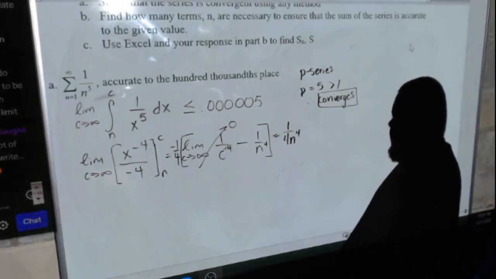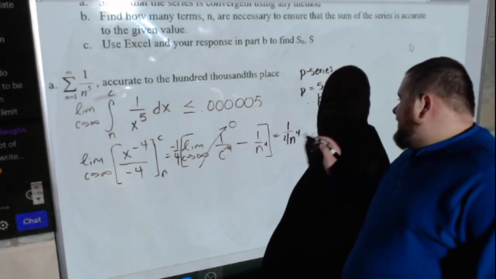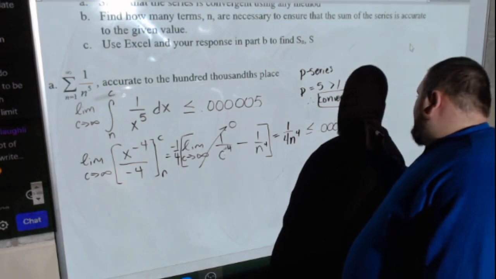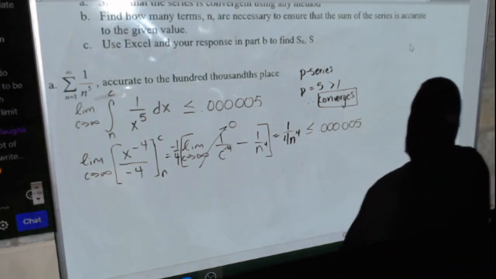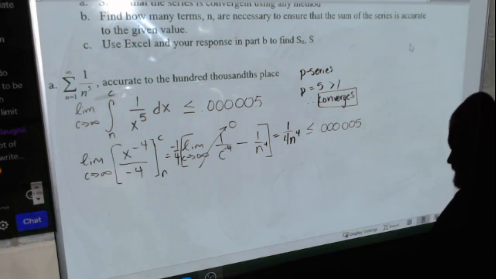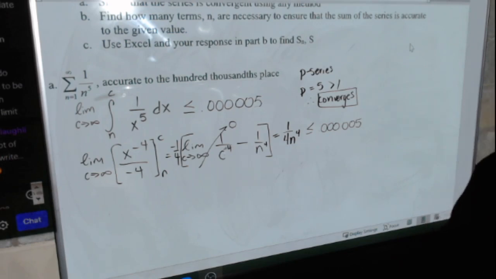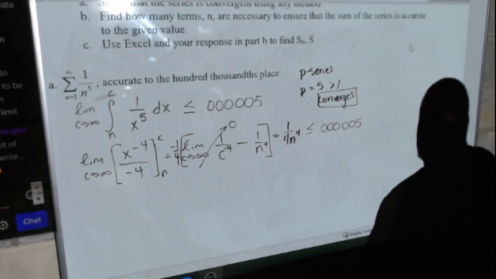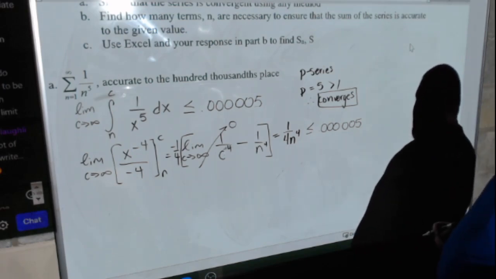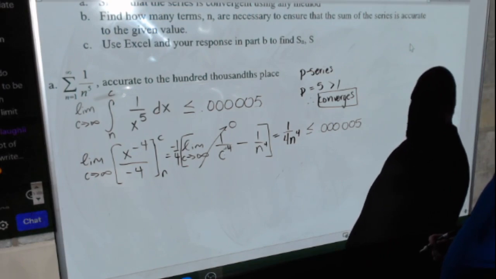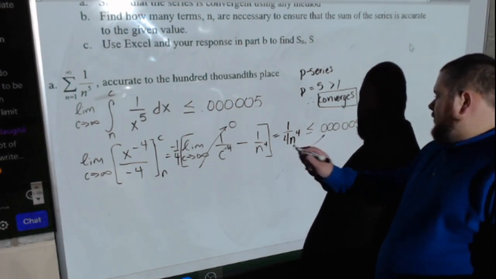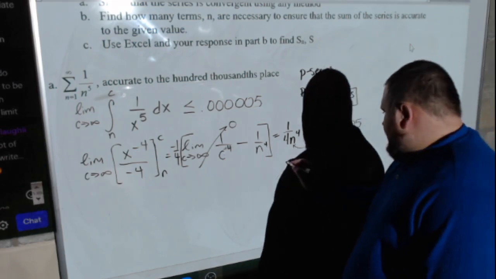That's the result of the integral, but all of that has to be less than or equal to this decimal. So now I just need to solve for n. I think I had told some of you this trick before. I can just switch the n to the fourth with this number instead of doing 2 steps.